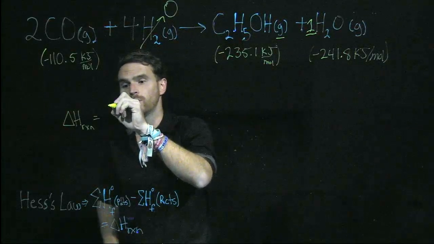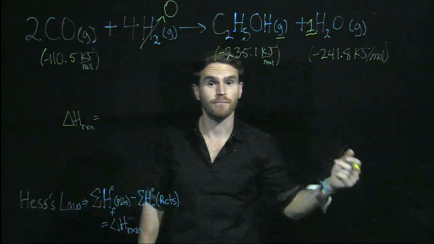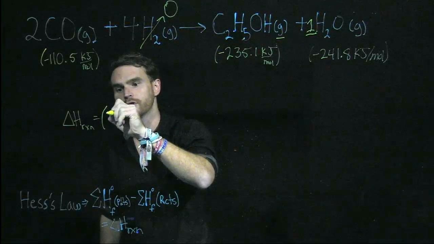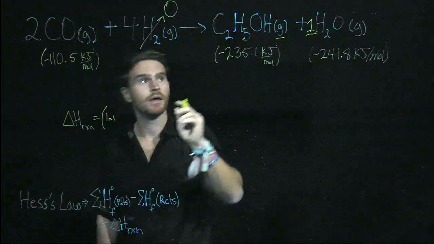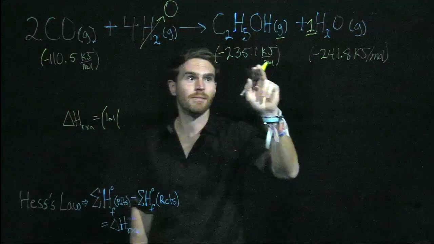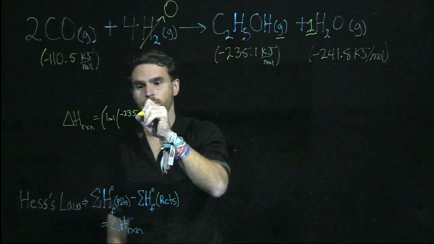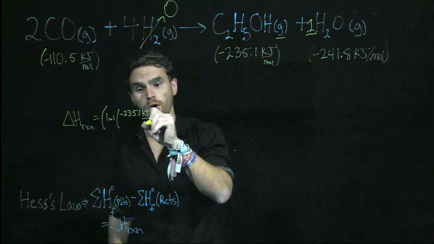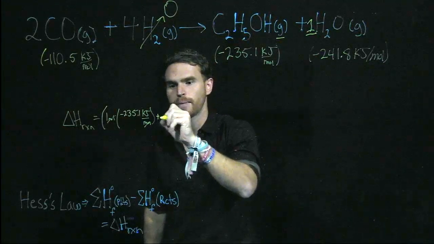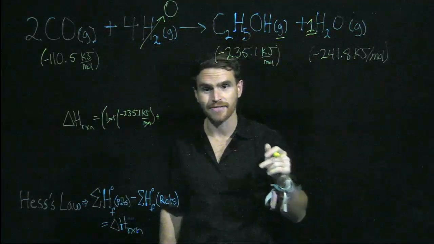When we do our summation, we need to take into account the number of moles. For the products, there's only 1 mole of C2H5OH, which we multiply by its enthalpy of formation, negative 235.1 kilojoules per mole, and the moles cancel out. Remember, it's the sum of the products, so we add them together.